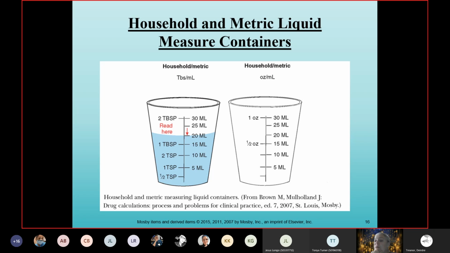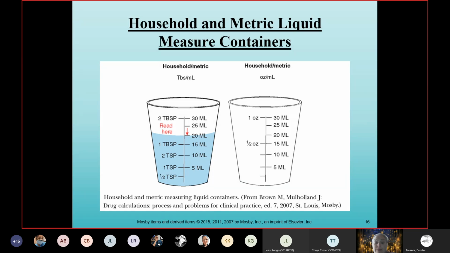If 1 teaspoon is equal to 5 milliliters and 1 tablespoon is equal to 15 milliliters. Yep. So there are 3 teaspoons in 1 tablespoon.